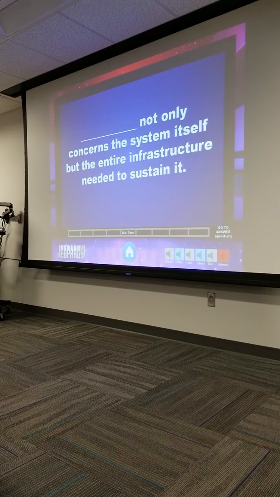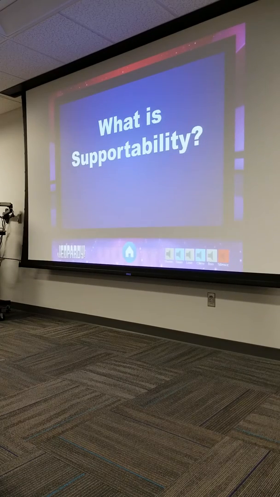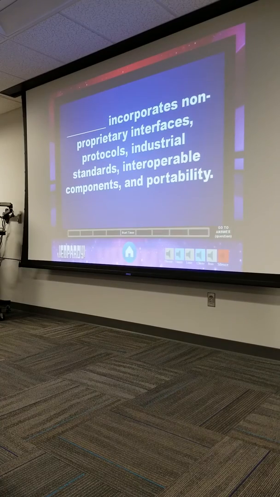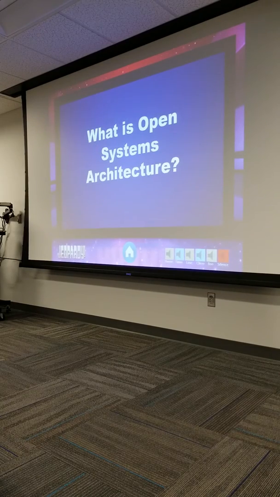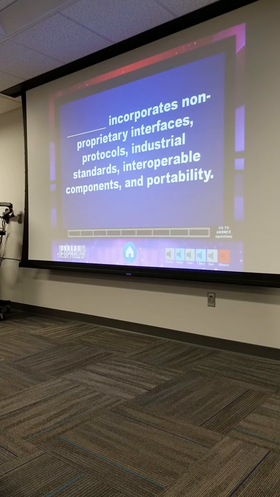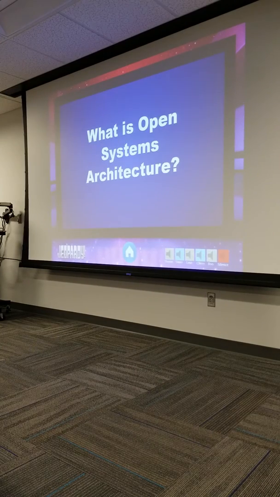Blank concerns not only the system itself, but the entire infrastructure needed to sustain it. Supportability. Blank incorporates non-proprietary interfaces, protocols, industrial standards, interoperability, components, and portability. Open systems architecture, right? The key there is non-proprietary.